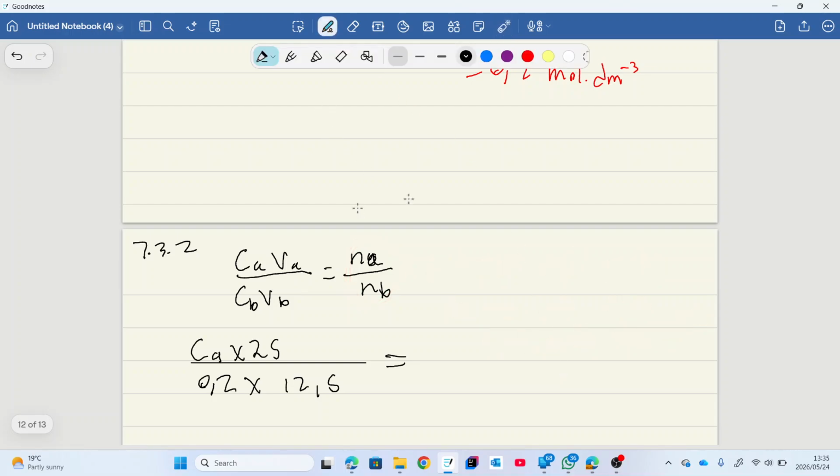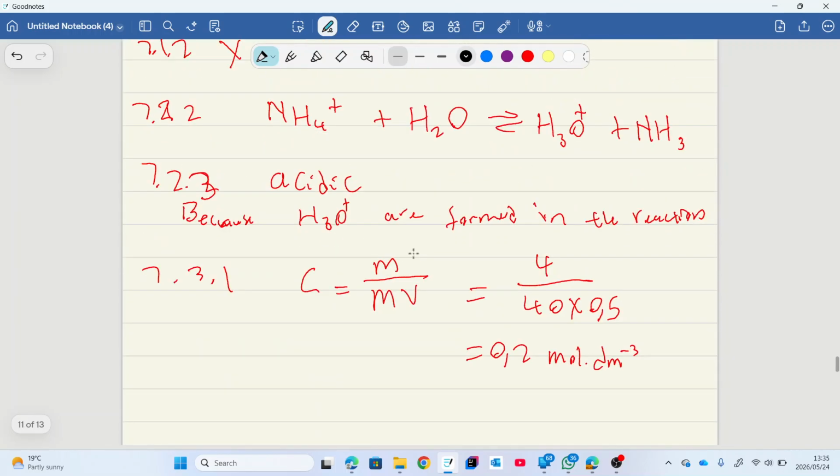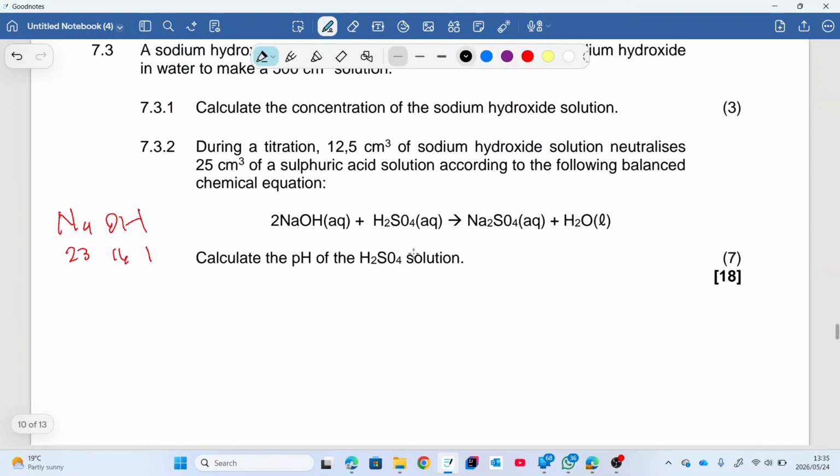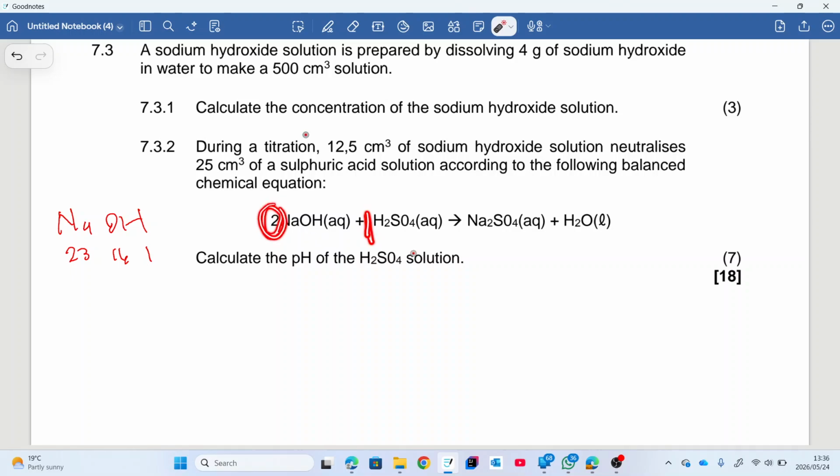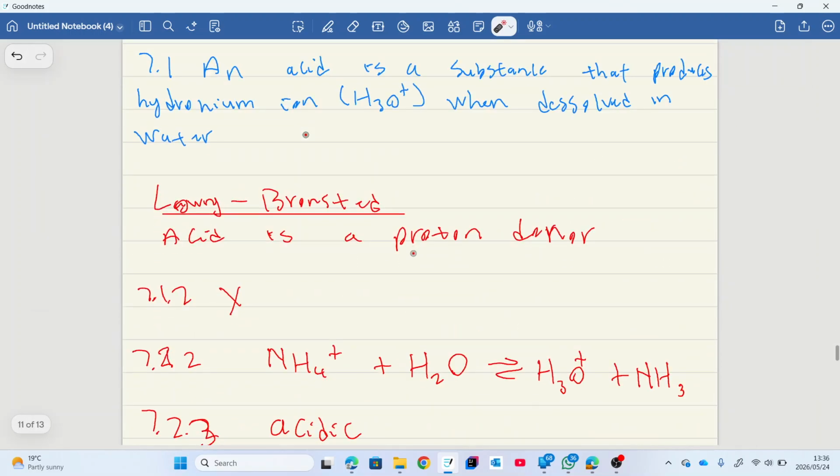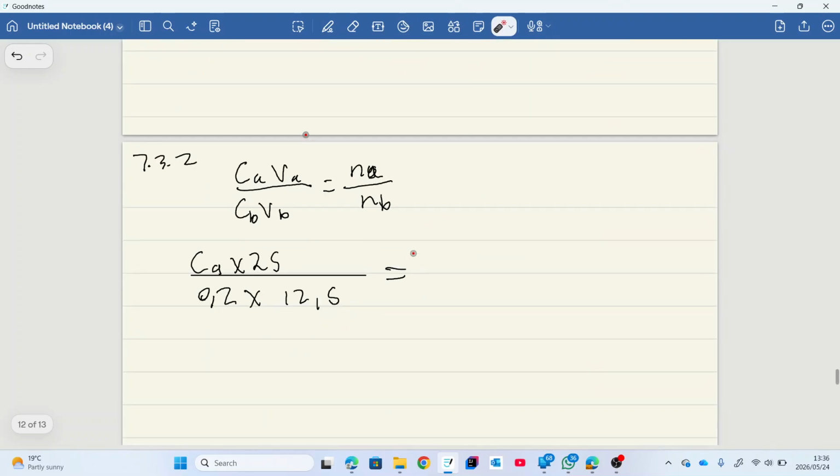So the ratio of acid to base according to the balanced equation is acid 1, base 2. Acid is 1, you see it here, base is 2. Therefore, you go down and put 1 on the acid and 2 on the base.